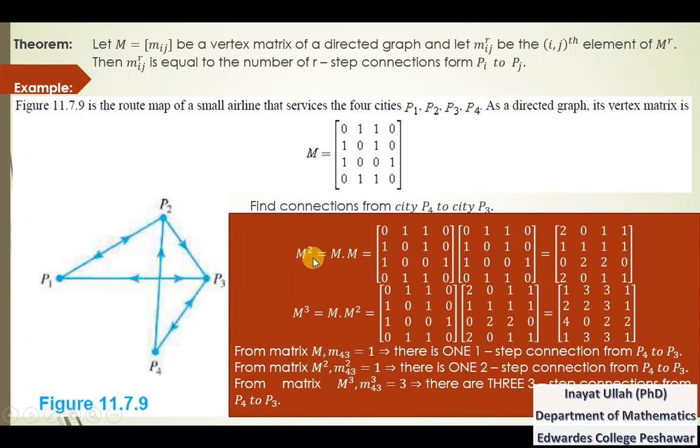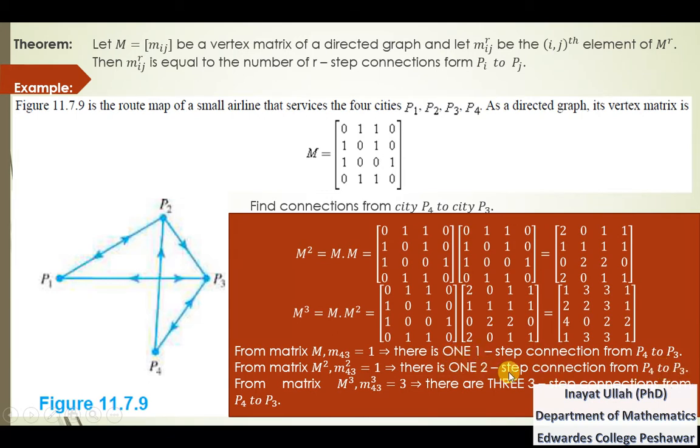Similarly, from M square, we should concentrate on M43 of M square, which is the fourth row and third column. This is 1. So M43 of M square is 1. So it means that there is one two-step connection from P4 to P3.